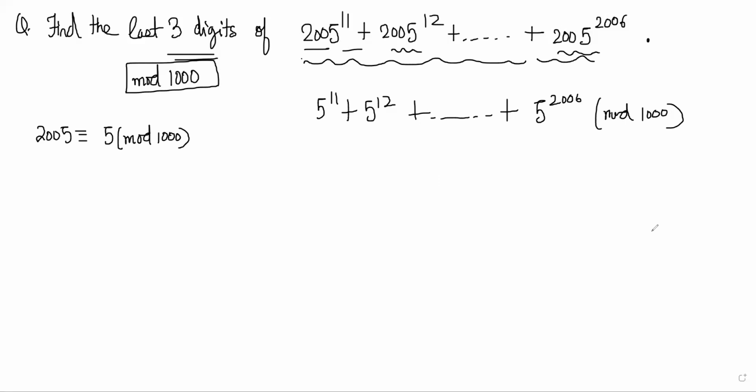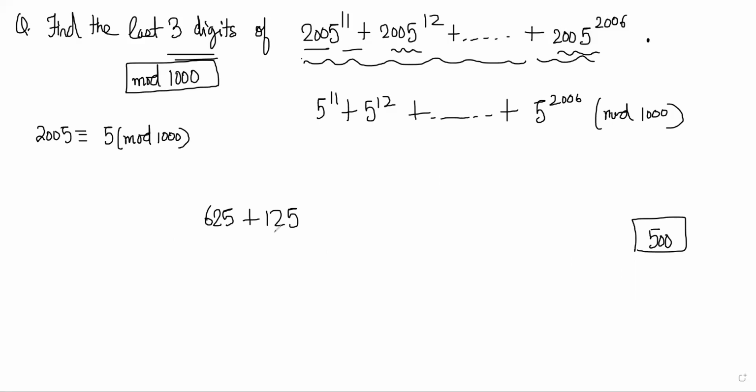The answer is 500. Maybe you have made some mistake somewhere. I found that if the power is an odd number, it should be 125, and if it's even, it's 625. Correct, so it is 625, 125, and so on.